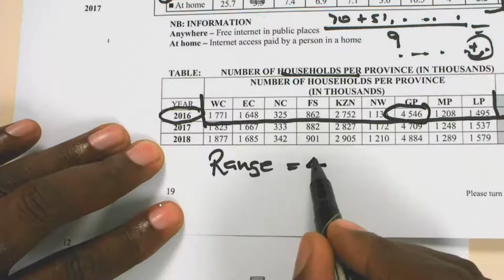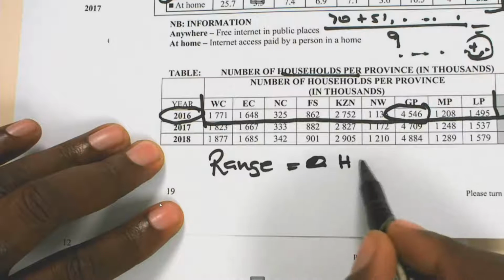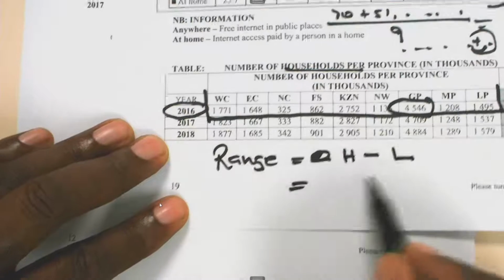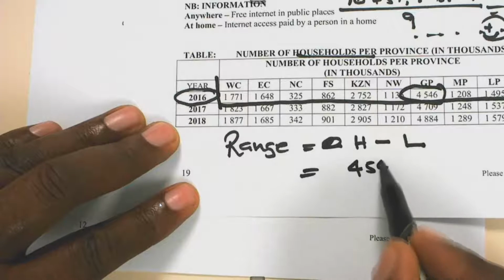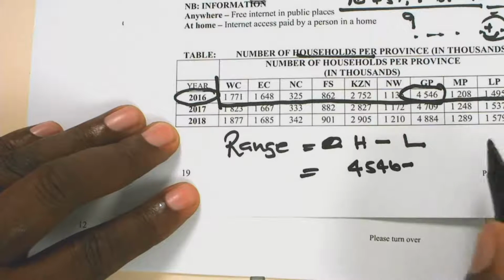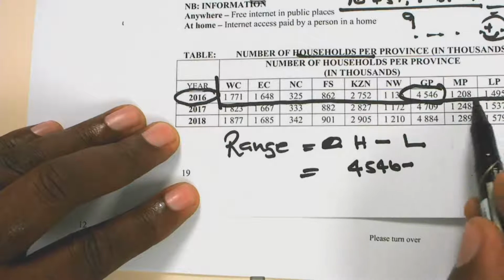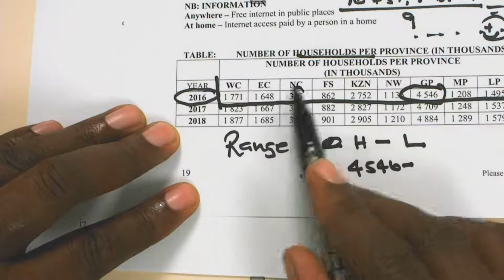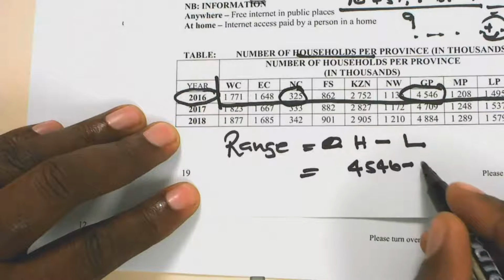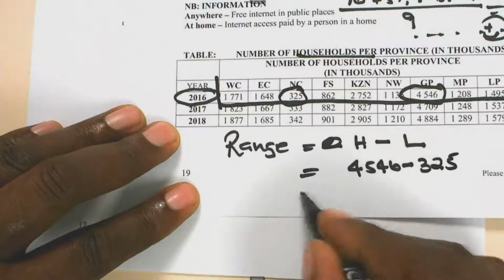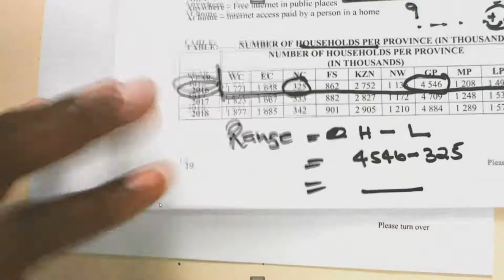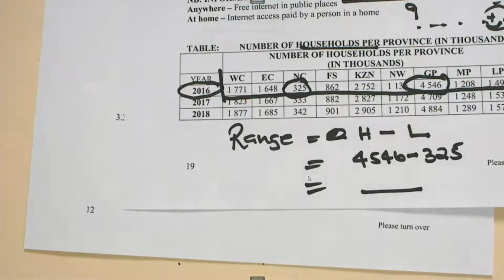You say it's going to be high minus low. Your high, it will be 4546. Minus your lowest, you check what is your lowest. My lowest is Northern Cape, 325 households. Then you get your answer there as your range.